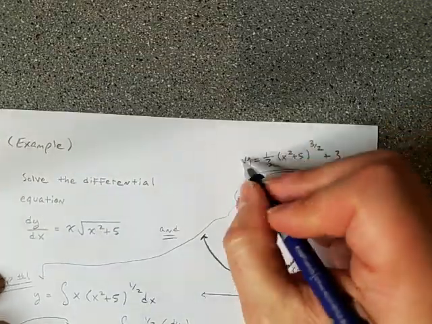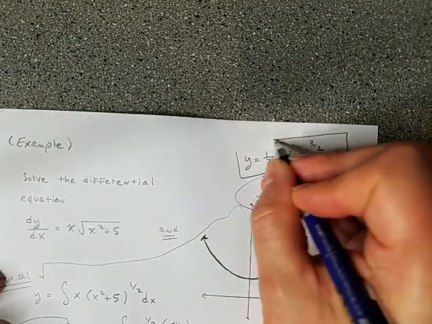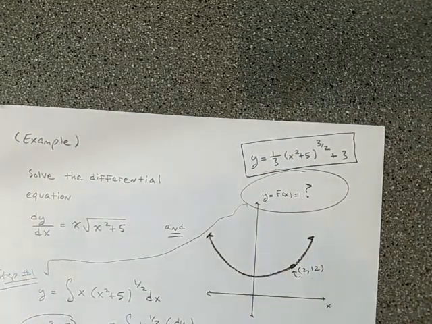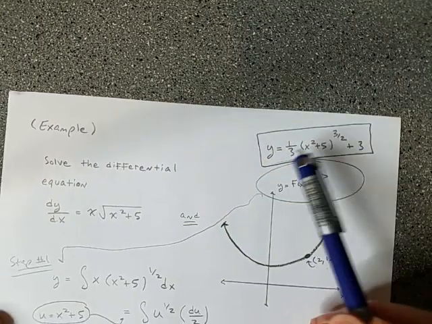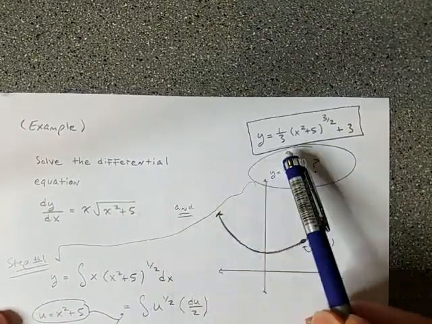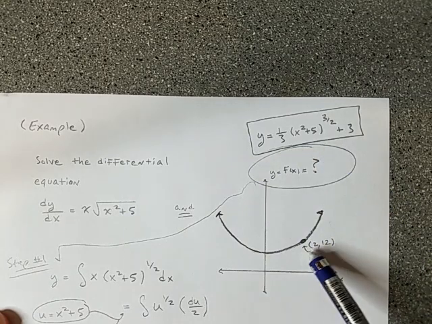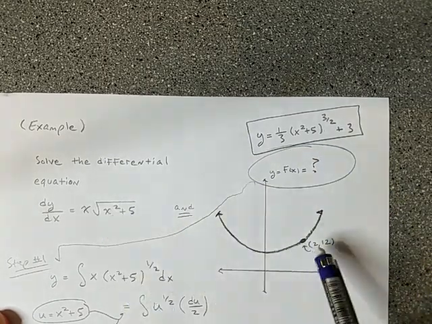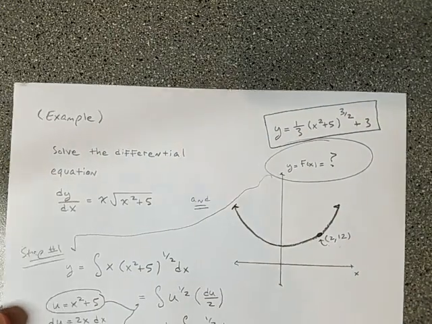So plus 3. There's our answer. Go ahead and verify it. If you take the derivative of this, you will get that. And if you put 2 for x, you will get 12 for y. It does everything that was given to us, and that's what makes it correct.